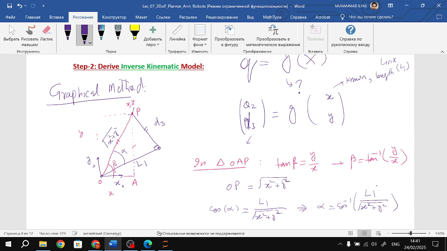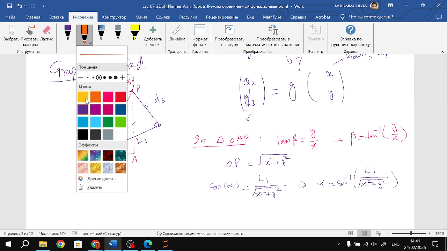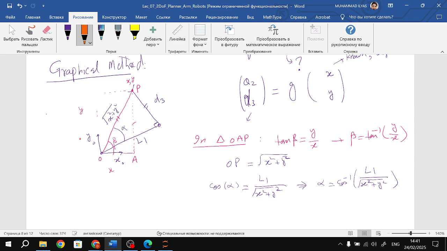Okay. And if we know this one, what are our joint variables in this diagram? Our joint variables are this theta 2 and d3. Finally, we want to find these.